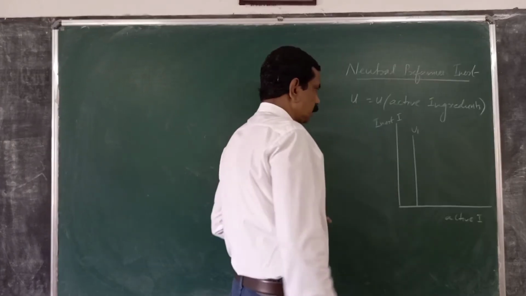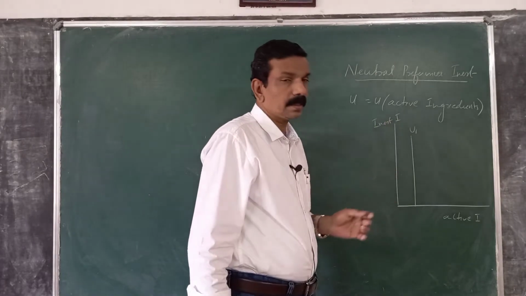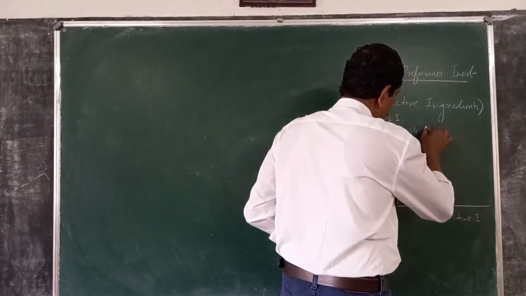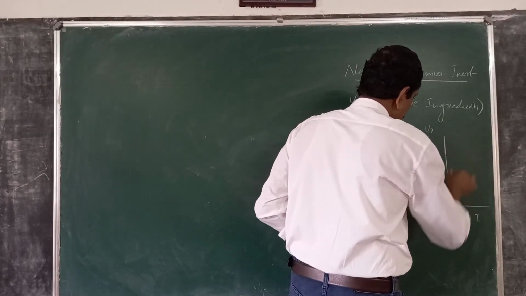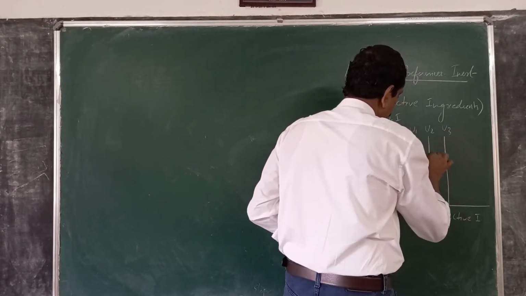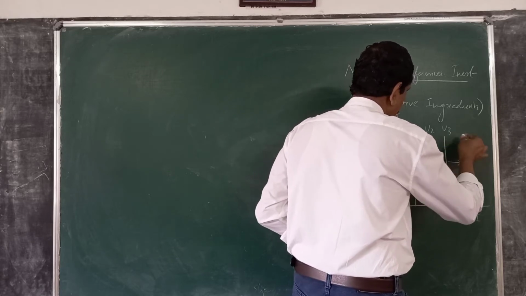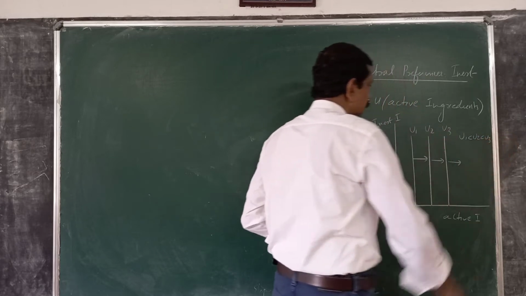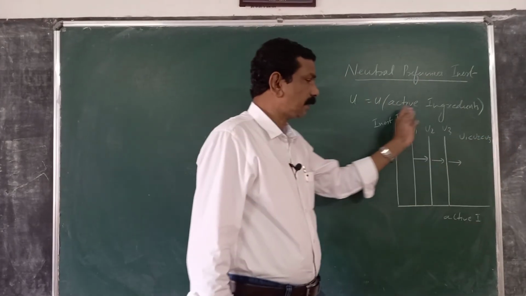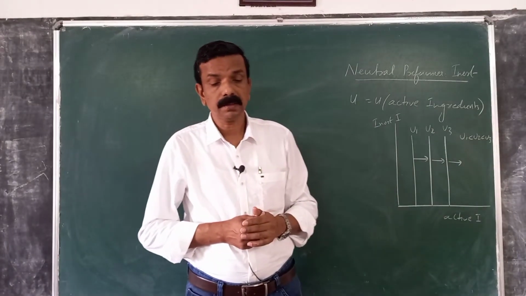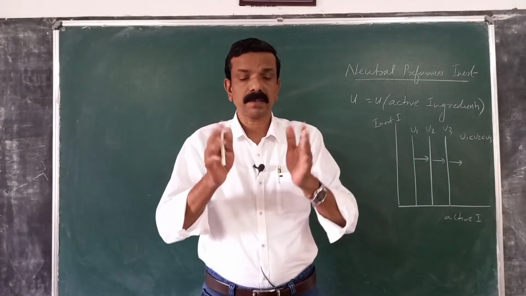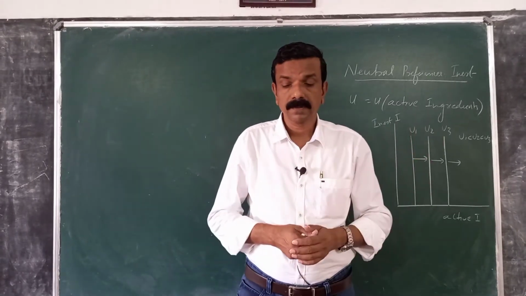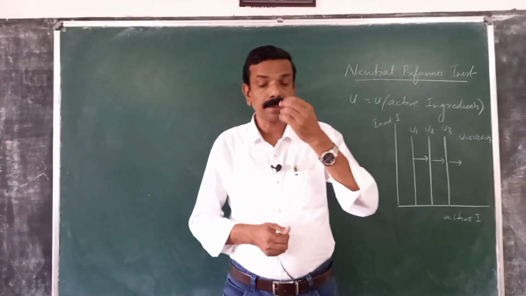Utility will not increase if the level of inert ingredient increases, but it will increase if the quantity of active ingredient increases. So U1, U2, U3, in which U1 is less than U2, less than U3. Utility is a function of active ingredients only, and the level of utility is not influenced by the quantity of inert ingredients.